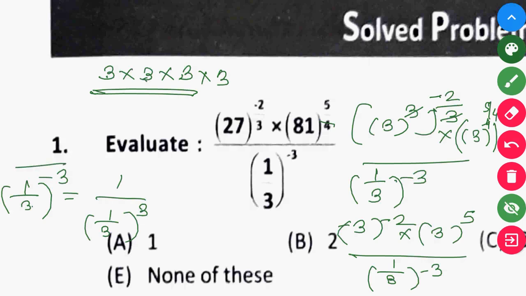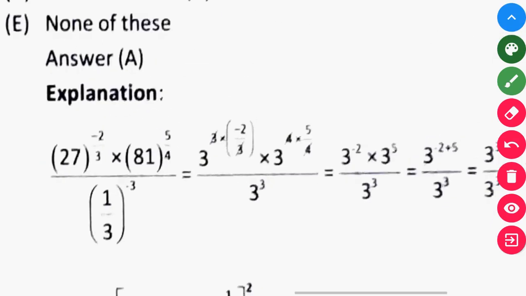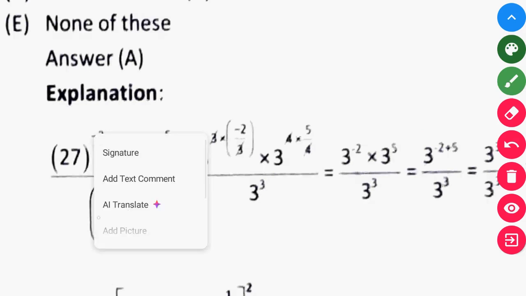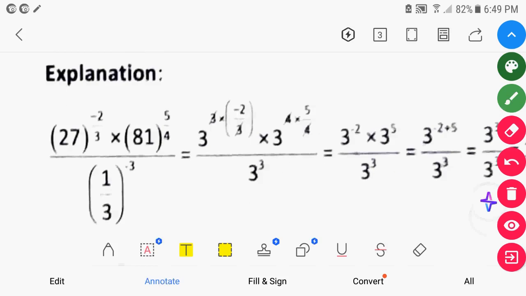So we can write this also as 1 upon 3 raised to 3. So this also will come into the multiplication with this. See, 3 cube we can write as 1 by 3 raised to minus 3.